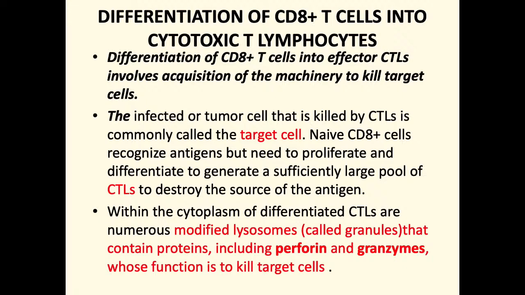Now, as you know, from the development of T cells, we have naive T cells which are unexposed to anything, and from those naive T cells we need to differentiate effector CD8 T cells. So there can be two ways: you can differentiate into CD4 T helper cells or into CD8 T cytotoxic cells, depending on the antigen.